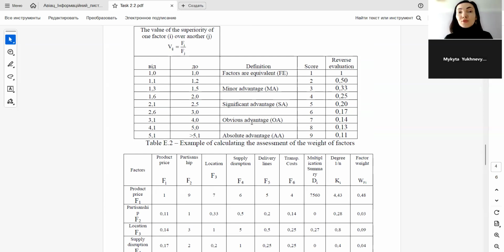It is obvious advantage. And we write 7 here and 0.14 in the column, first and third factor. Okay, right for your variant.